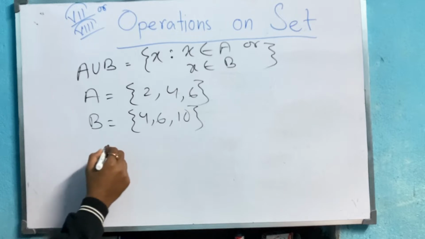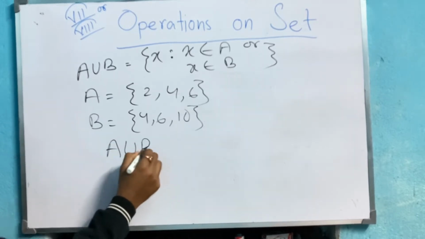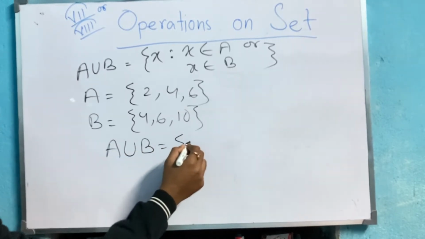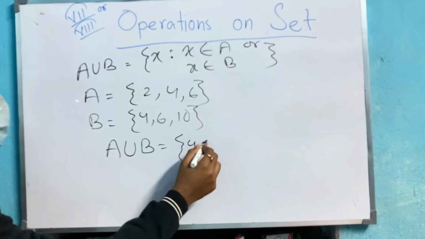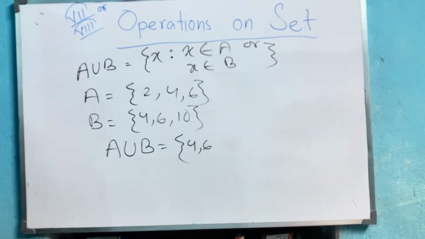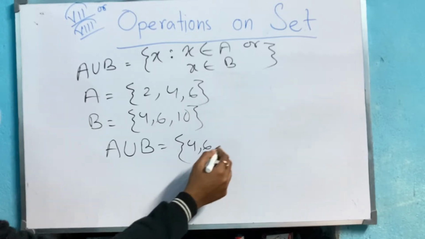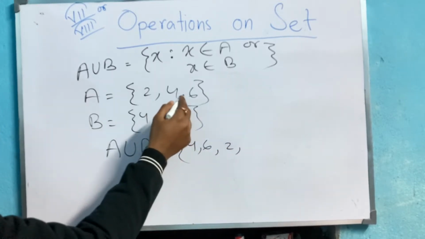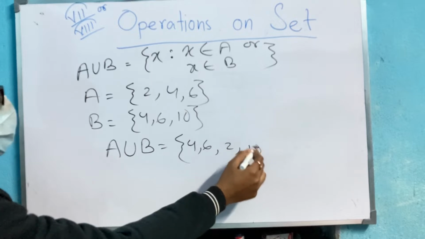For this, A union B means 4, 6, and let me add all the elements like 2 and 10 also.